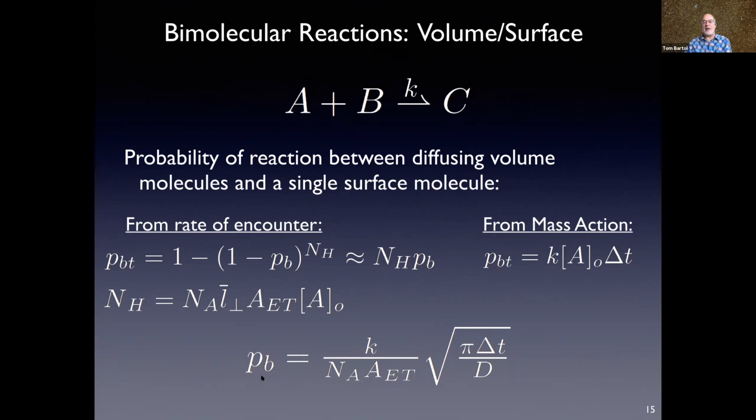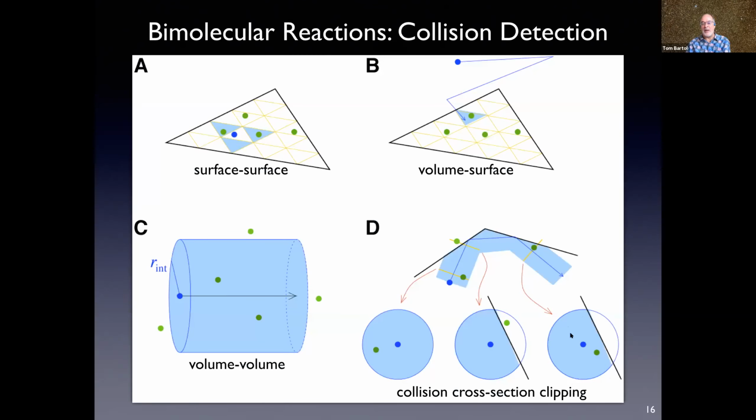And so you end up getting what's called missed reactions. MCell will warn you about missed reactions if PB is greater than 1. It can happen especially in volume-volume reactions, because of these collisions. We have to truncate AET, and when the reflections are close to the surface, we have to adjust AET smaller.